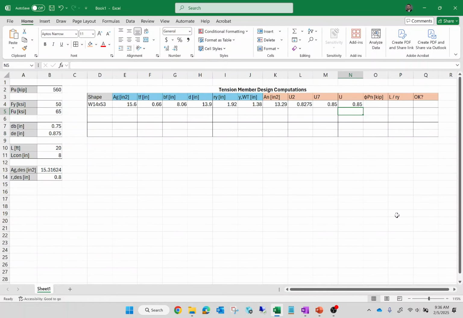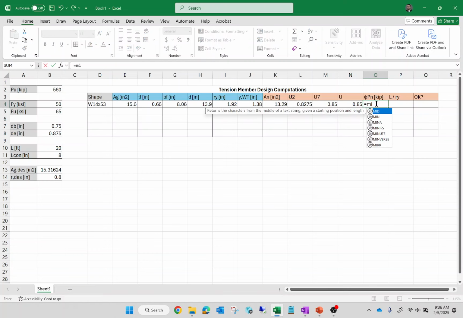All right, I got to zoom out a little bit for VPN. I'm sorry. We're going to do the minimum of 0.9 FY AG. Now, notice this. Watch this. I'm going to box that and box that because those are going to have to be locked, right? The FY and the FU.